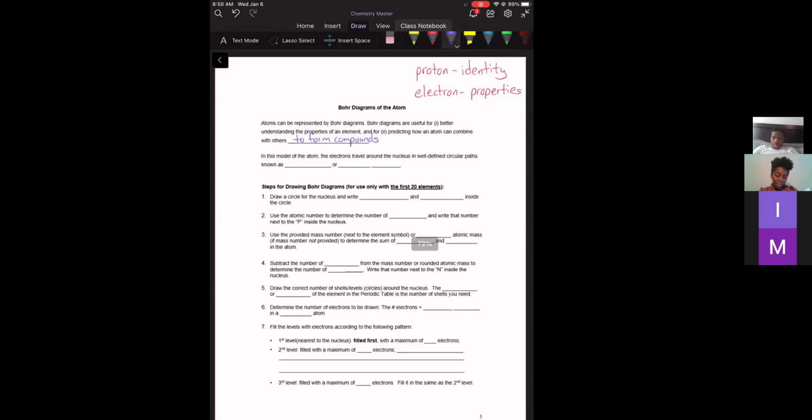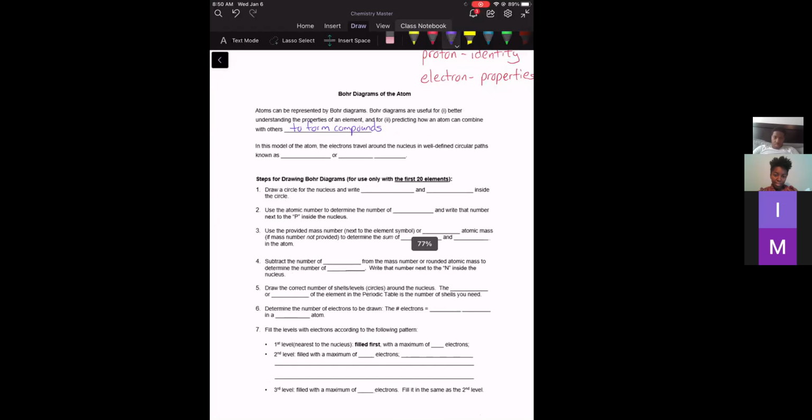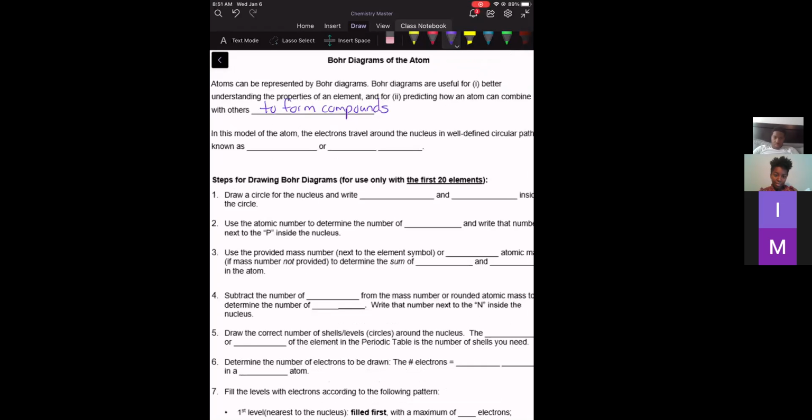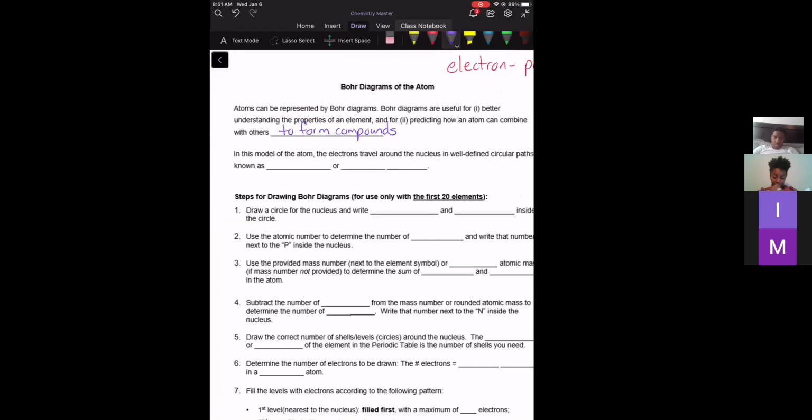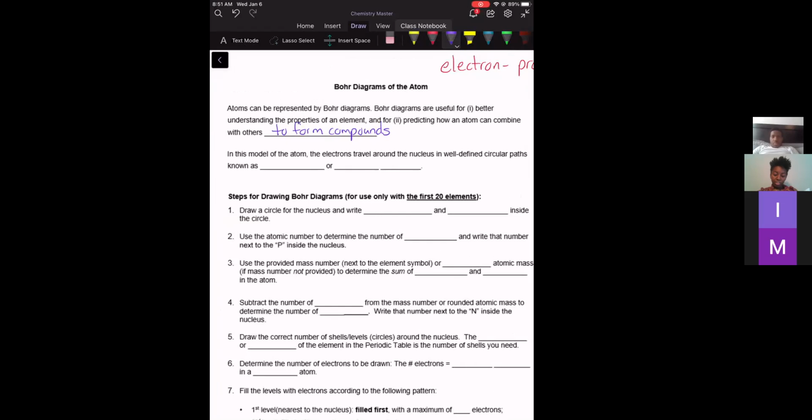It says, in this model of the atom, I'm going to zoom in so you guys can see a little bit better. There we go. In this model of the atom, the electrons travel around the nucleus in well-defined circular paths known as, and there's a ton of things. You guys have heard me call them all kind of stuff. So I'm just going to write down a couple of them. You have orbits. You have energy levels.